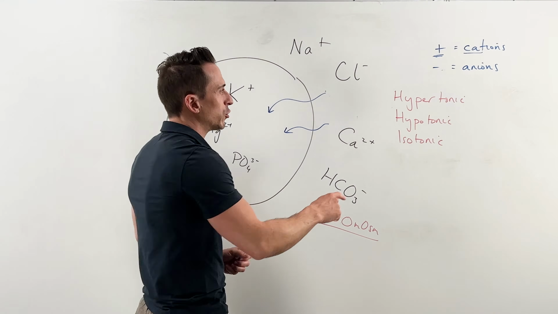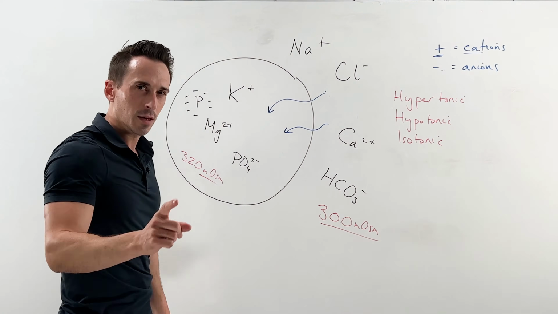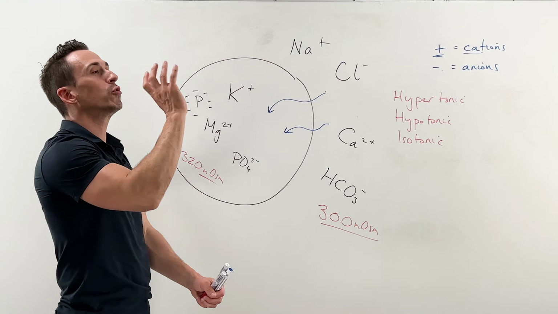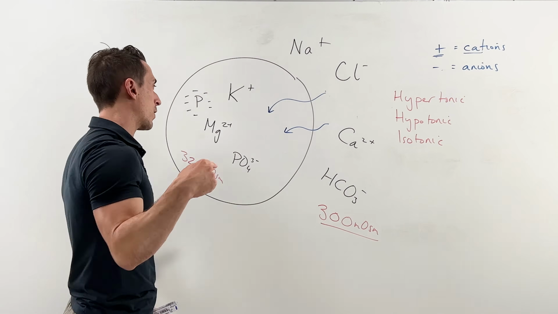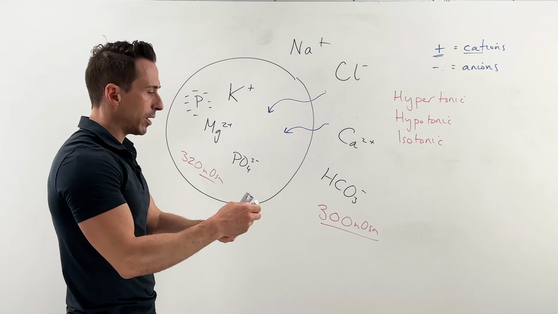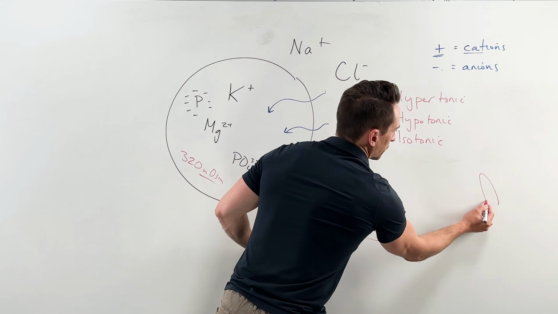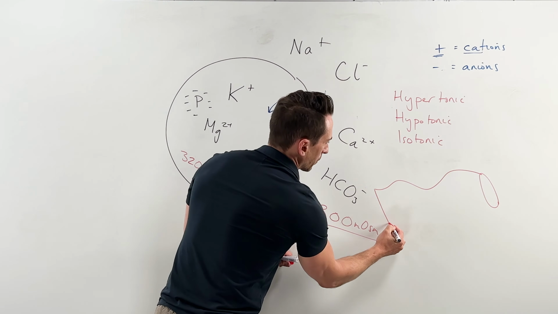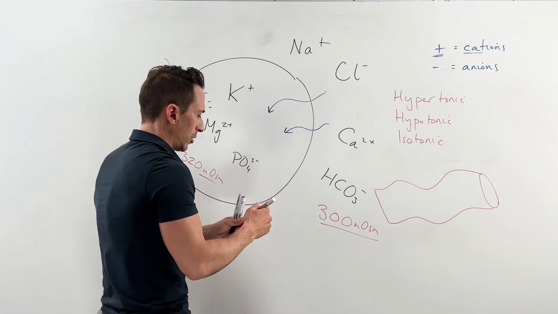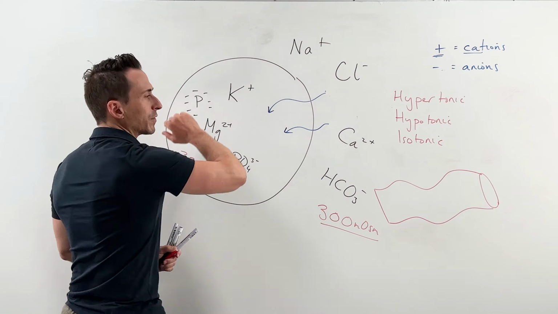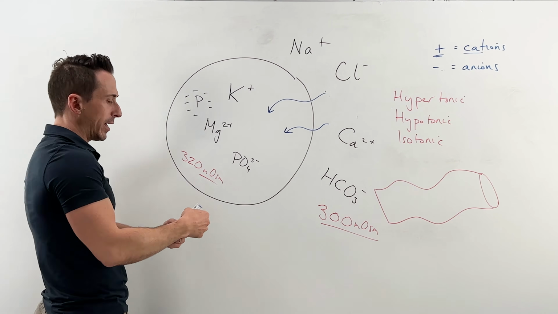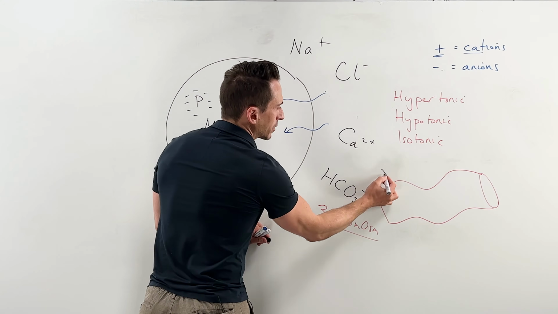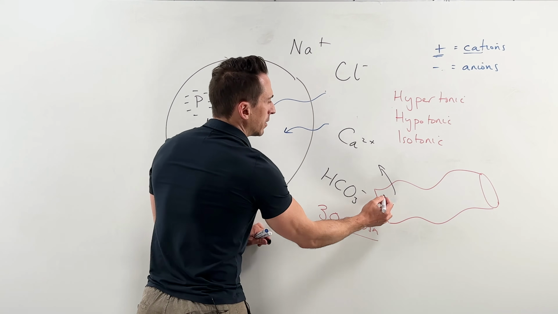But if you have a solution that's hypertonic, think about it. You ingest it. Whether you drink it or you put it into your veins, for example, that doesn't go straight into your cell. Remember that your bloodstream is synonymous with all the fluid outside of the cell. So whatever you drink or whatever you put in your blood vessels, it's then going to move out of your blood vessels and bathe your cells.